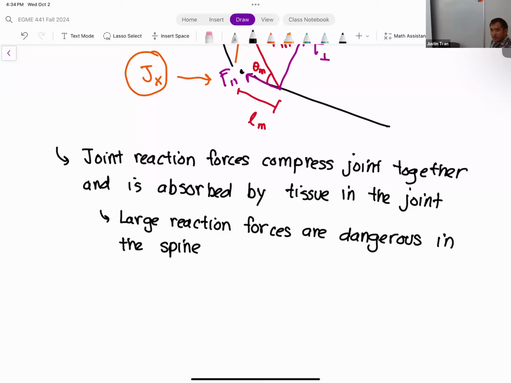And the reason for that is because of all the intervertebral discs that exist between the vertebrae.